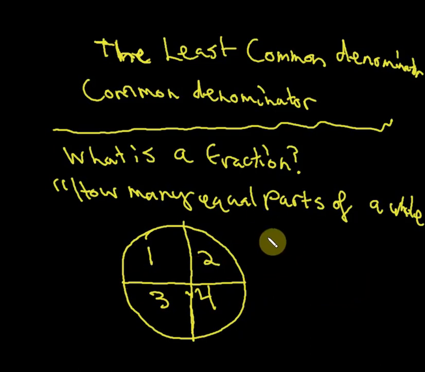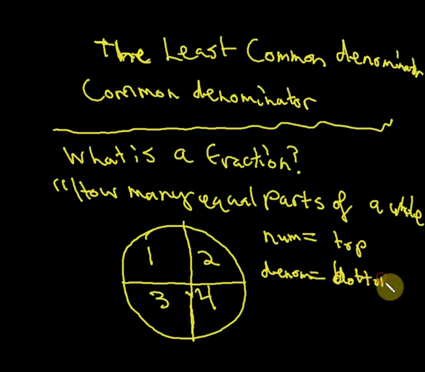We've got to look at both the numerator, so I'll call this num, which is equal to the top, and the denom, which is equal to the bottom. When I want to figure out what parts I'm looking at, first of all, we need to know how much we're dividing the parts into. In this instance, we divide this into 4 parts.